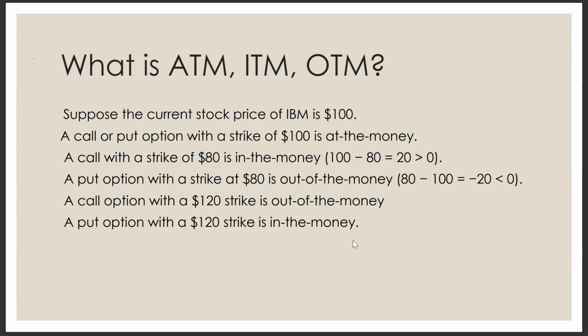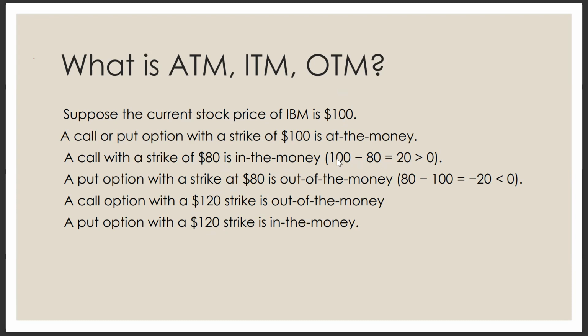And the next case is if we choose a strike price more than 100. So first we choose the same, which means at the money. After that we choose less than 100, it is 80, and now we choose more than 100, 120.